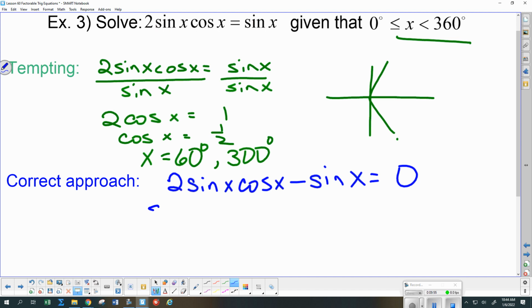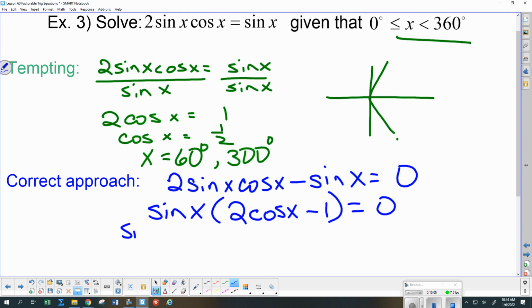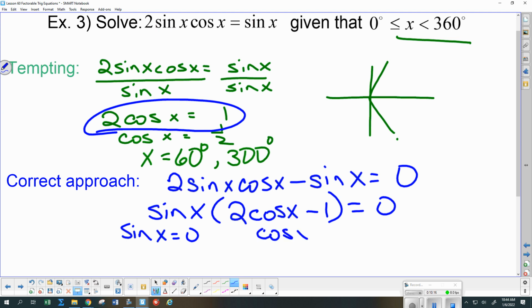So once again, we're going to factor the sine of x out in front. This time it happens to be times 2 cosine of x minus 1. So I have that the sine of x is 0, or I have exactly what I had before, that 2 times the cosine of x is 1. So the cosine of x is a half, and from the work that I just did, that gives me the 60 degrees and the 300 degrees.